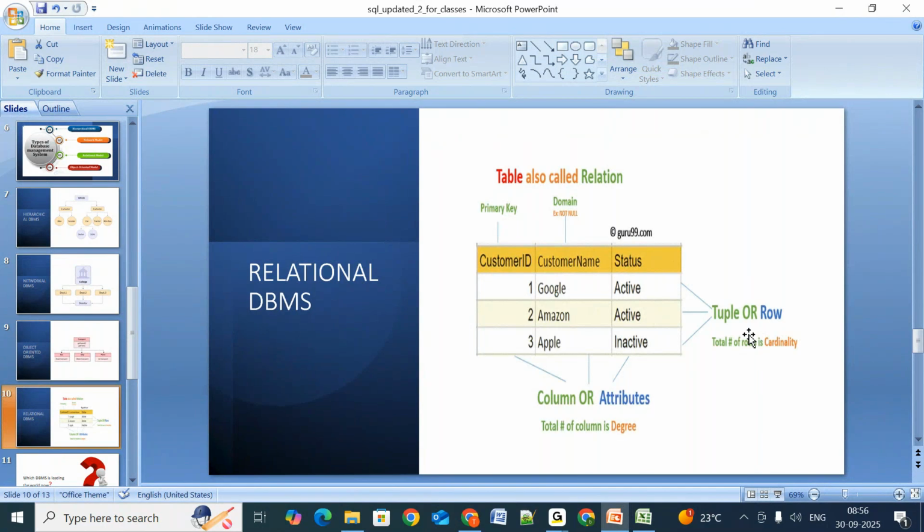I call them columns, he calls them attributes. We never get confused discussing any concept, because I know attributes are also known as columns, and he knows columns are also known as attributes. So you should keep this clarity in your mind.